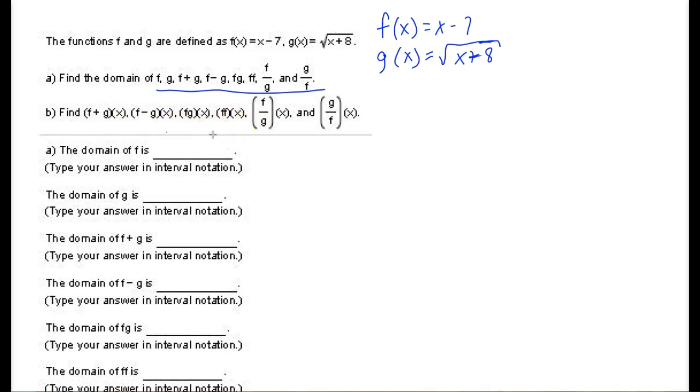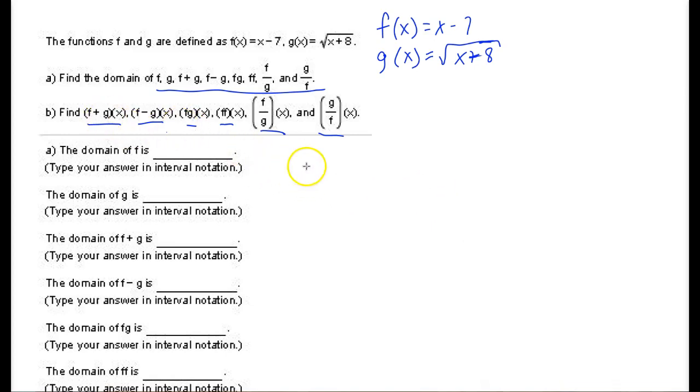And so what we're going to do is we're actually going to do this backwards. We're going to find out what the sum of f and g, difference of f and g, product of f and g, product of f and f, quotient of f and g, and quotient of g and f is first. We're going to look at that, and then from there we're going to figure out what the domain of those functions will be.